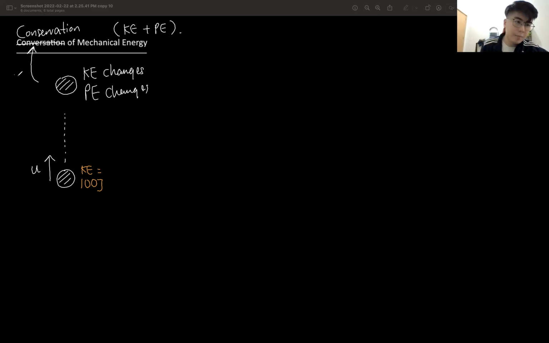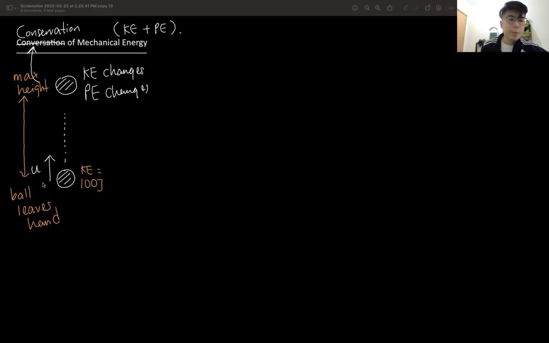So I will write here, this is maximum height. And this is ball leaves hand. Okay, and I only study the time frame between these two events. That is the first thing you want to make it clear.